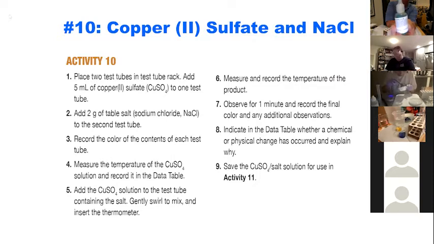Notice right on the label, it says copper 2 sulfate. What's the 2 stand for? There's 2 coppers? Well, there's 2 sulfates. What does that refer to?